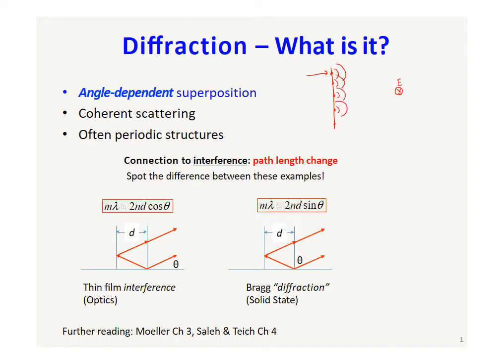This is known as the Huygens-Fresnel principle. So these wavelets will expand and they will superimpose at that point there. That will be how we calculate our electric field.